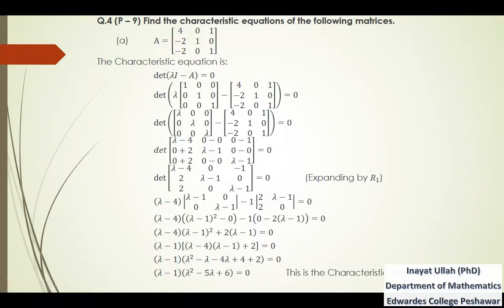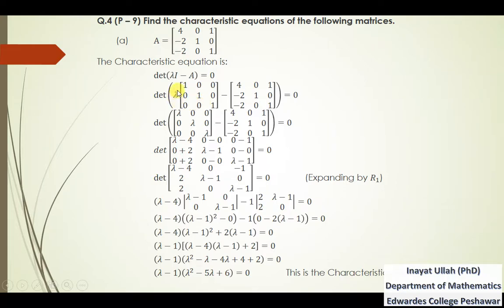So the same story is here. The characteristic equation is the same, determinant of lambda I minus A is equal to 0. Now we see here that A is actually a 3 by 3 matrix, so we will take identity 3 by 3 as well, 3 rows and 3 columns.